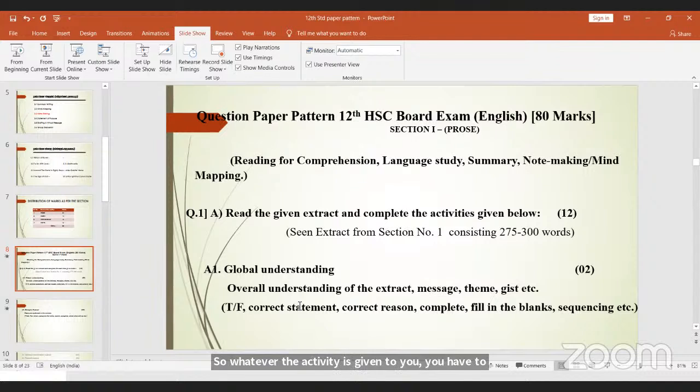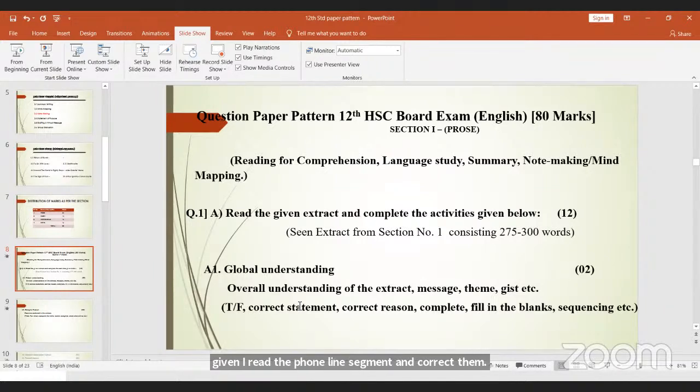Now, for true and false in physics, chemistry, or the rest of the subjects like accounts and even SPCC, if it is objective, even if you write only the answer, you'll get the marks. Whereas in the English paper, you have to rewrite the statement. If you write only true or false as the answer, you won't get the marks. Many a time the question is, read the following statement and correct the false statement.